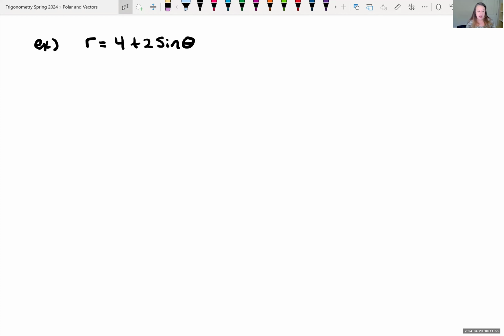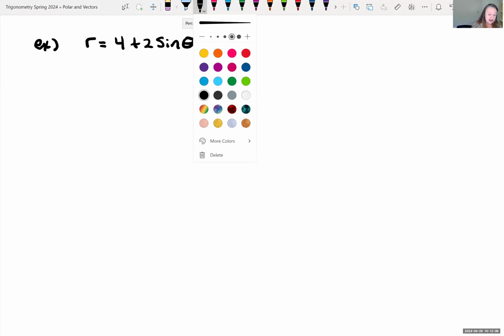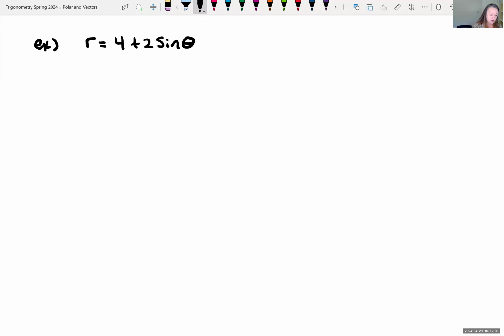We talked about graphing these last week by graphing our equation in the xy plane and then using that to help us graph this by converting it. If it helps you, you can write it like this: 4 plus 2 sine of x. Our amplitude of this sine function on the xy plane is equal to 2.